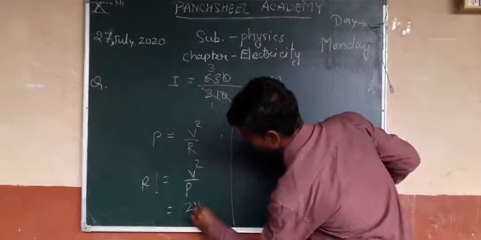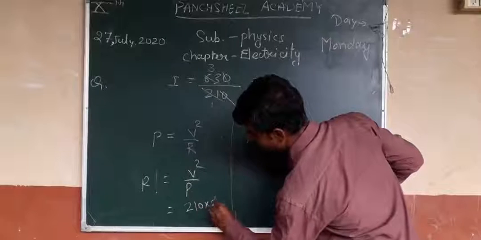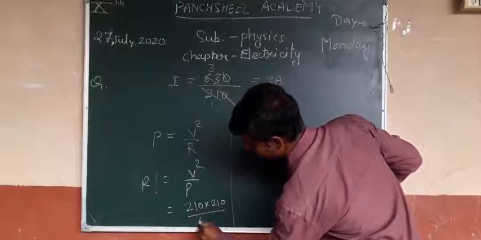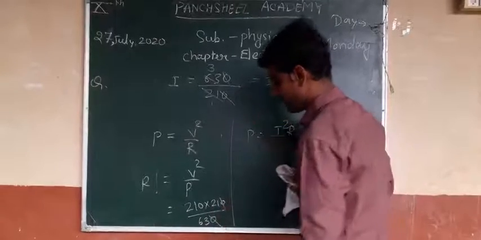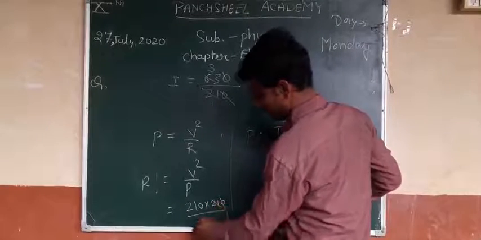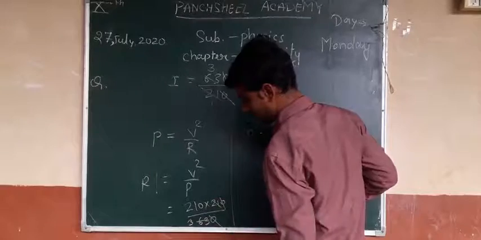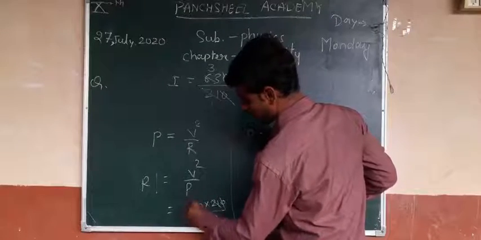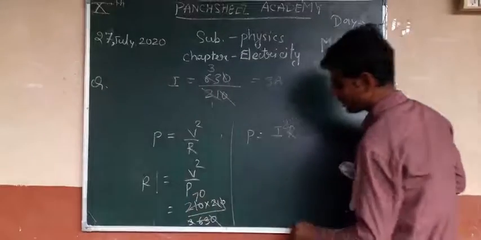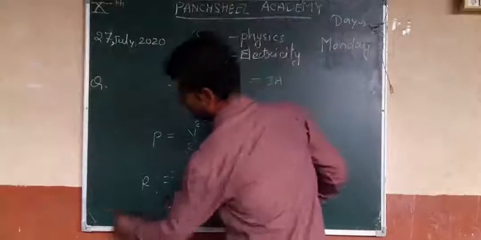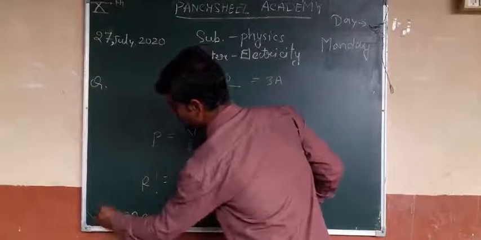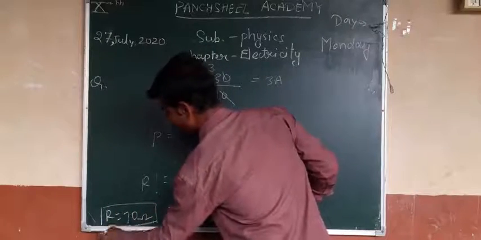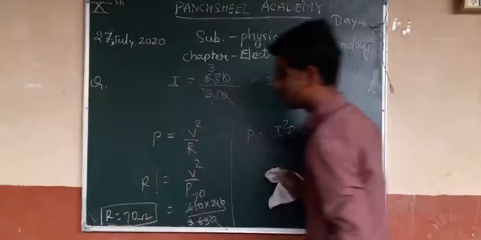So V equal to 210 into 210 upon power 630. Okay, so 0 to 0 cancel, 21 cancel 3 times. So what is the value of R? R equal to 70 ohm.